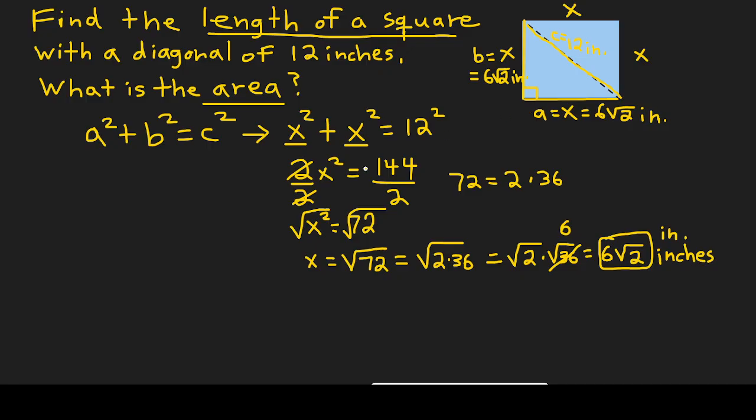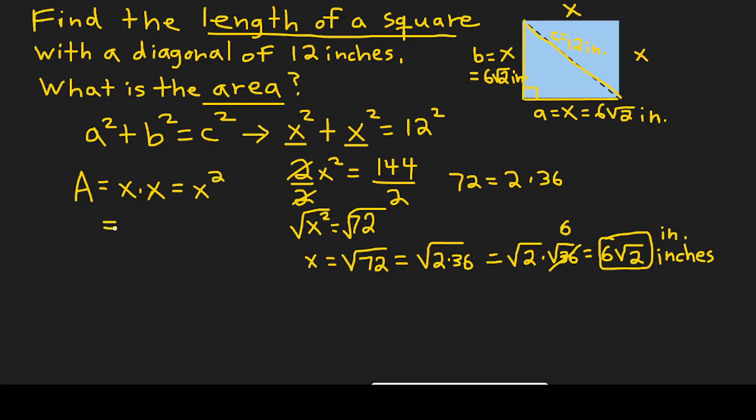So basically the area, or just call that A, is going to equal x times x, the length times the width, or the height times the width in this case. That's going to be x squared.